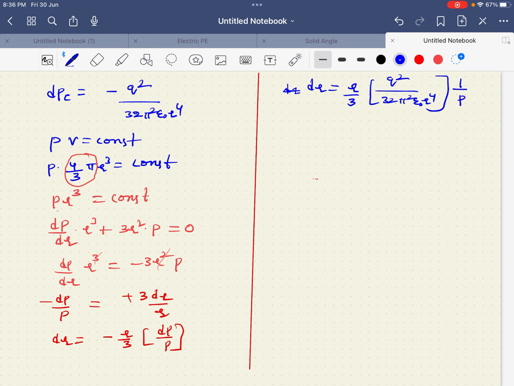If you solve this, I get q square by 96 pi square epsilon naught r cube into P. Here whatever P you are seeing, that is the initial pressure, the pressure inside.